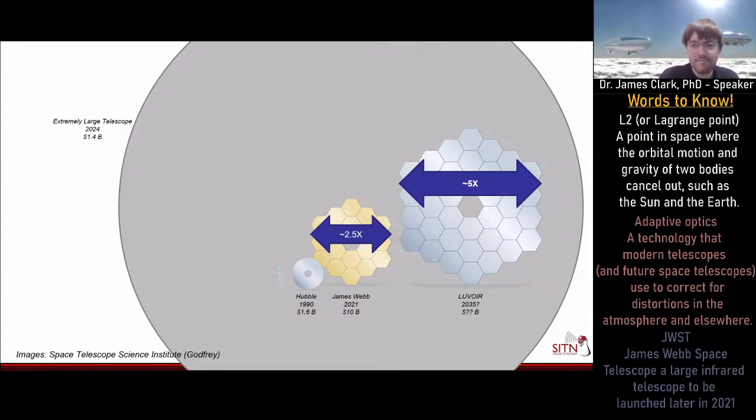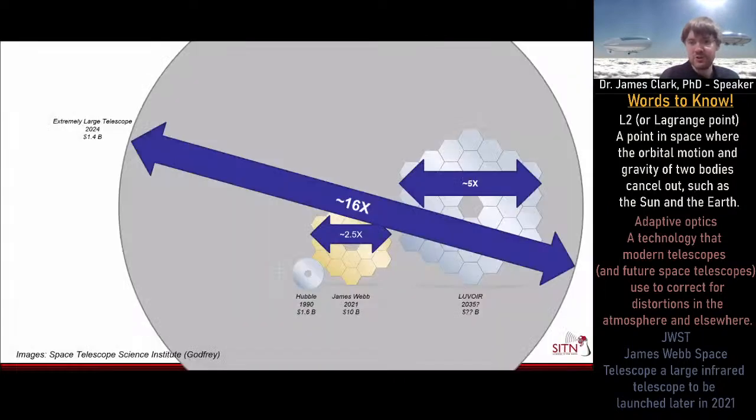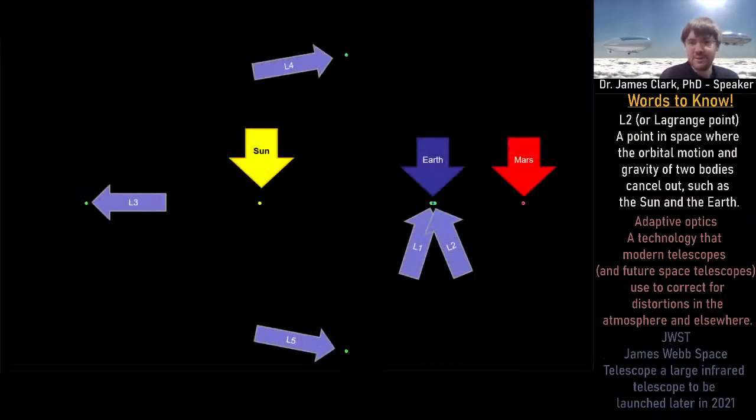Really cool. Thanks. One other question. If we're sending a lot of telescopes to this L2 point, will it get crowded? Will a lot of telescopes being there heat up the area? Not really. Unfortunately, I don't have a great chart showing you, but these telescopes don't just sit at that Lagrange point. There are actually more Lagrange points than just L1 and L2, but we don't actually have telescopes that just sit at that single point.